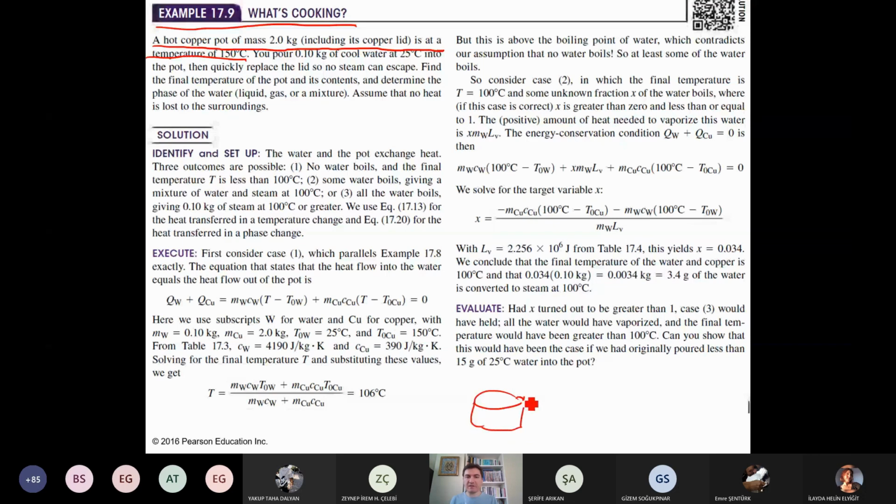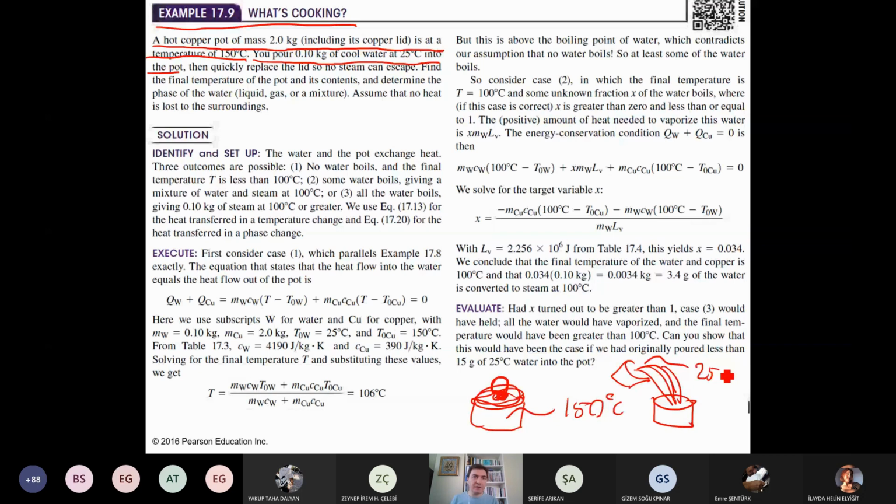Let's say this is the lid of the copper pot, and its initial temperature is 150 degrees Celsius. You pour 0.1 kilogram of cool water at 25 degrees Celsius into the pot. So you open the lid and then you put water into this hot pot, but the initial temperature of the water is 25 degrees Celsius.